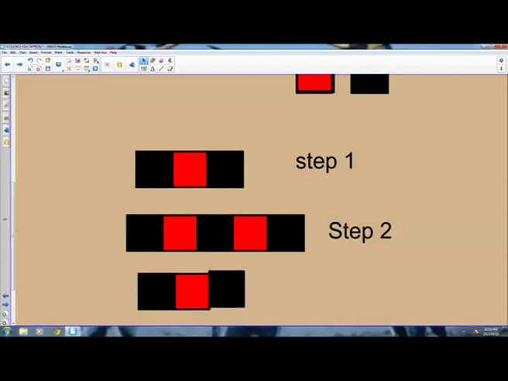And then after black, we should take red. Right. And then after black, after red, take black.